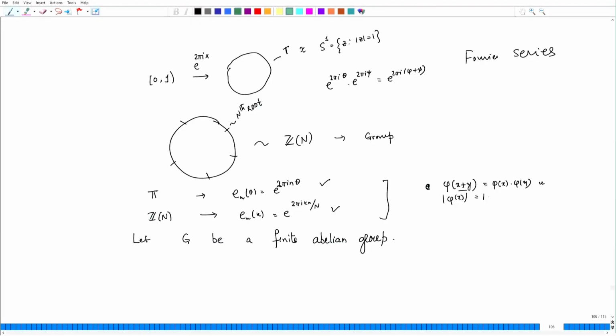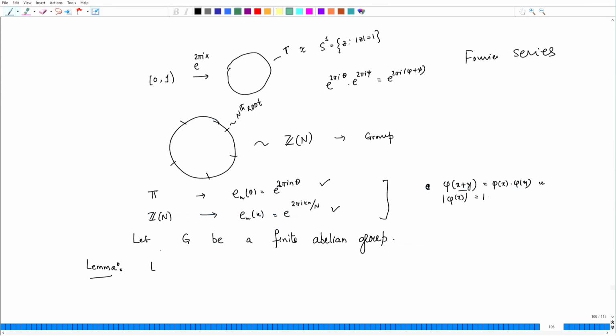So, that is where this symbol is coming from. And now, what kind of map is this going to be? Let us first see a lemma.